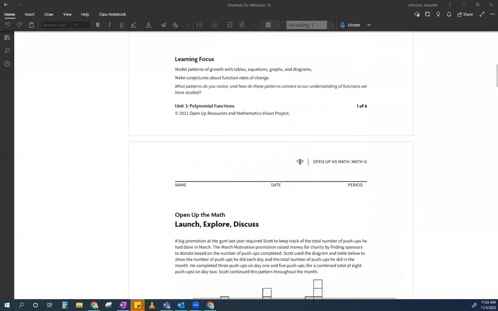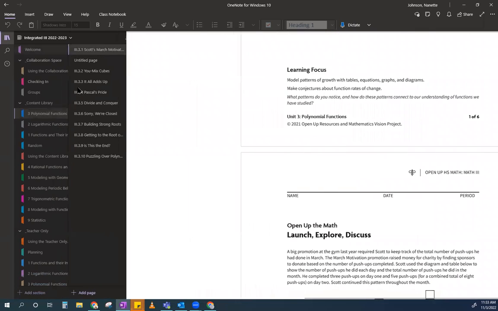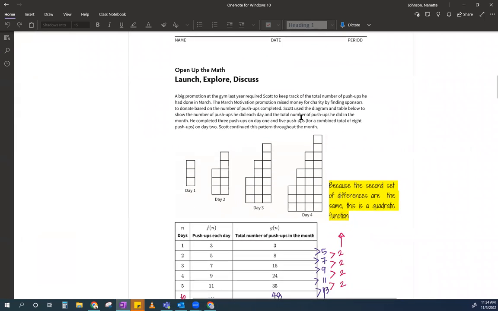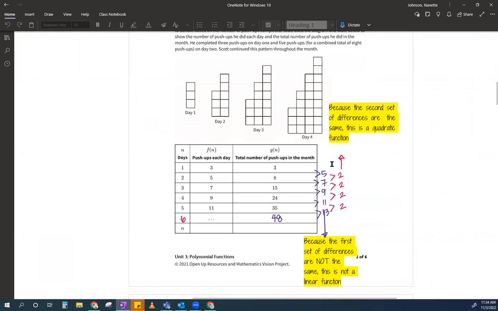All right, so we're still in 3.1, and we're going over this problem here. We talked about last time the first set of differences. Because the first set of differences were different numbers, that meant it's not a linear function.